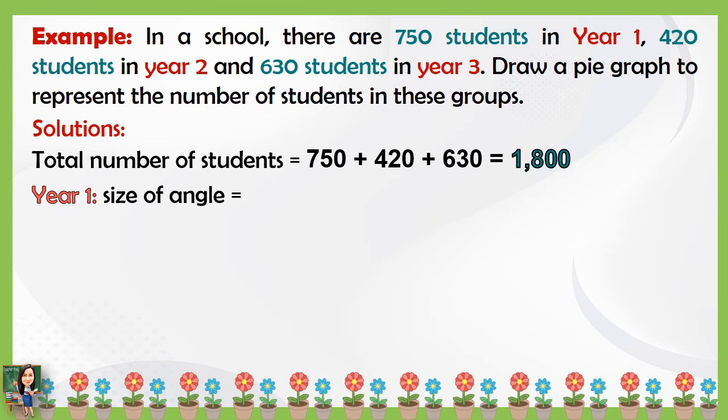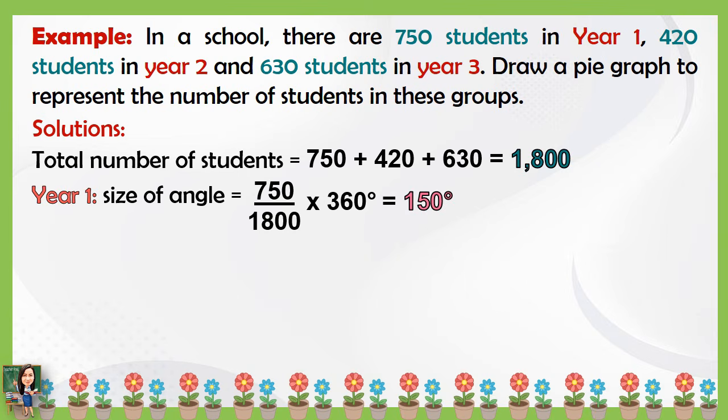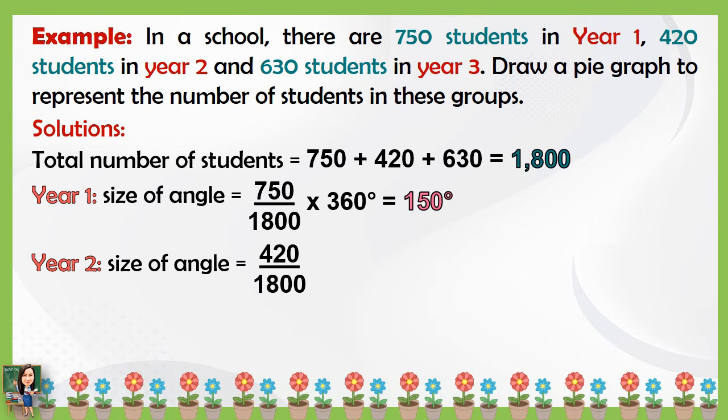Year 1, size of angle equals 750 students divided by the total number of students, 1,800, times 360 degrees, equals 150 degrees. Year 2, size of angle equals 420 students divided by 1,800 total number of students, times 360 degrees, equals 84 degrees.